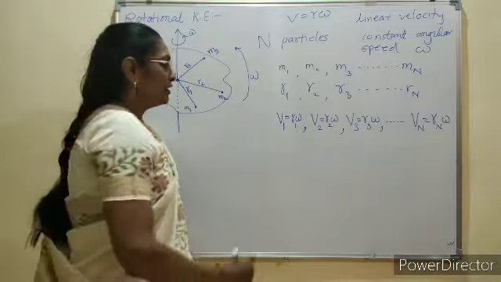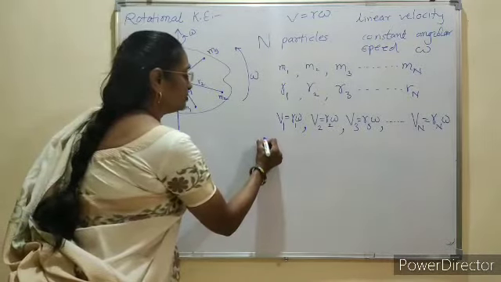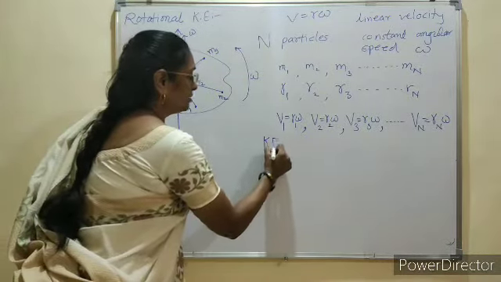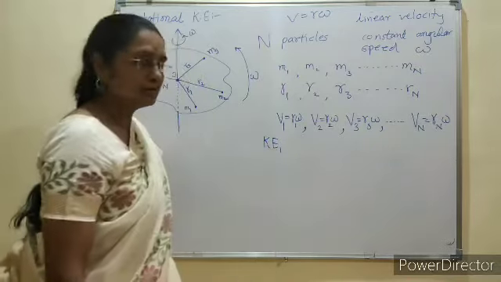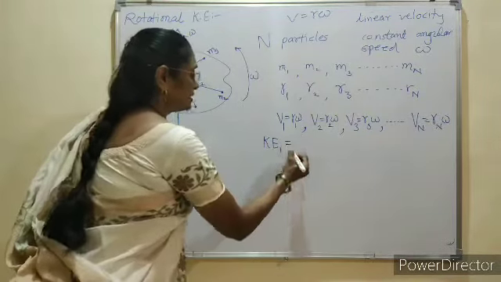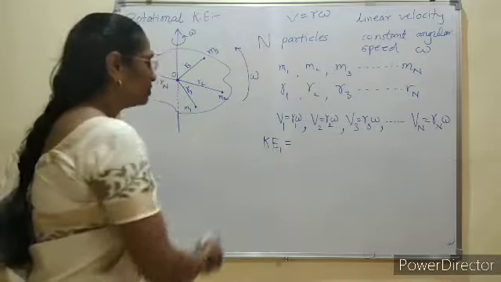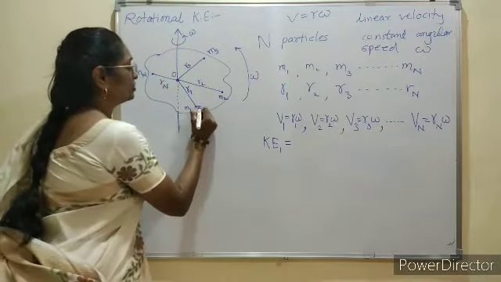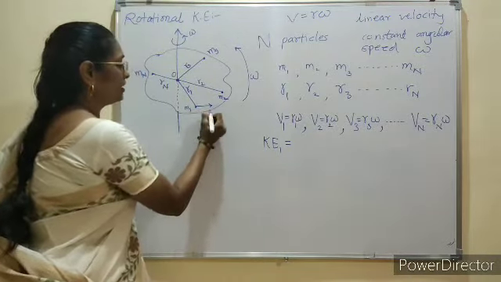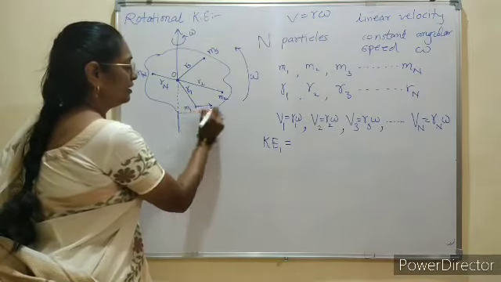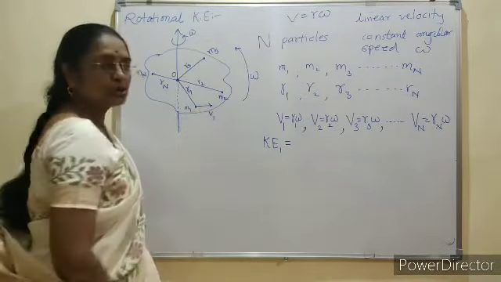Now easily we can write kinetic energies. Before going to kinetic energy, we show here the velocities like this. For the particle m1, velocity is directed along the tangent to the circular path.